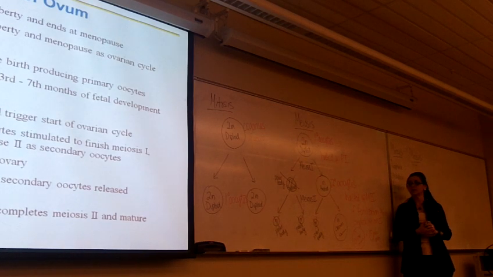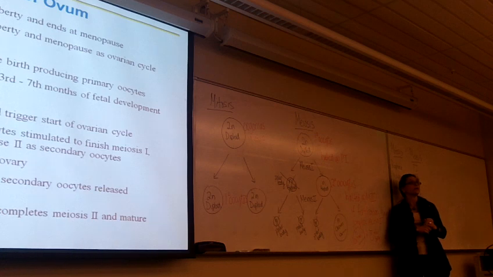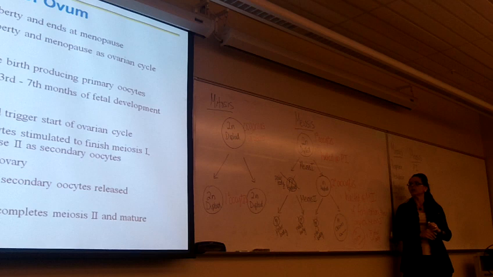Then you just stick them back in an incubator and let them finish this process. This would probably take not very long, a few hours. I don't know what they do in a clinical setting, but a few hours, and they should be ready to go.